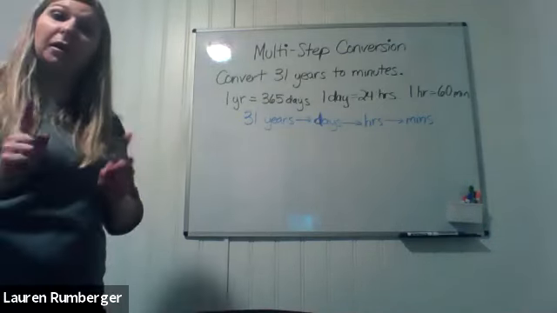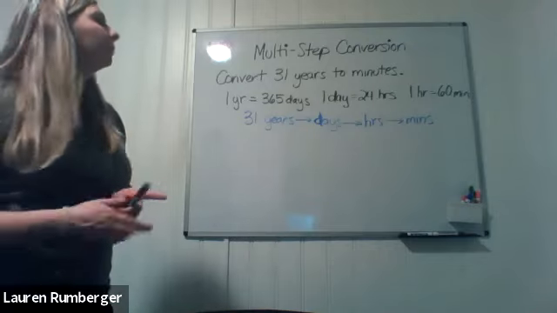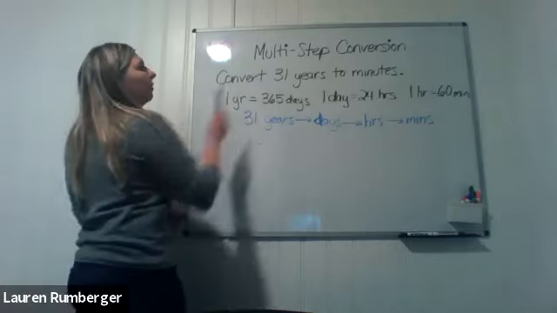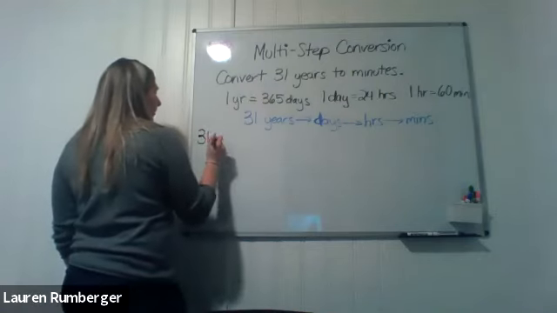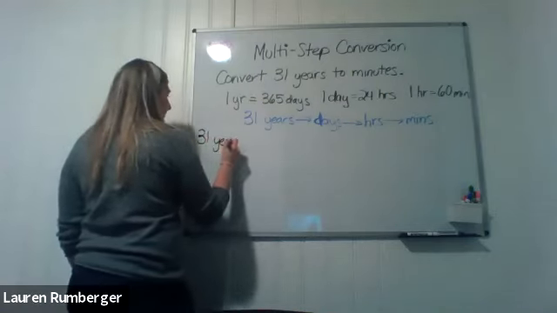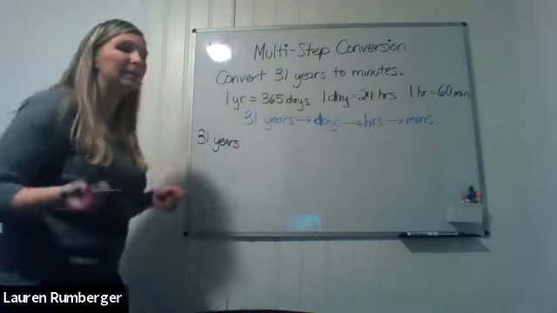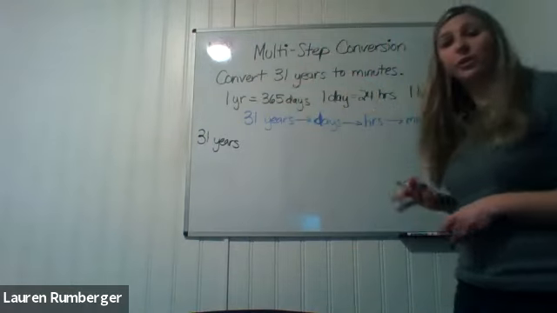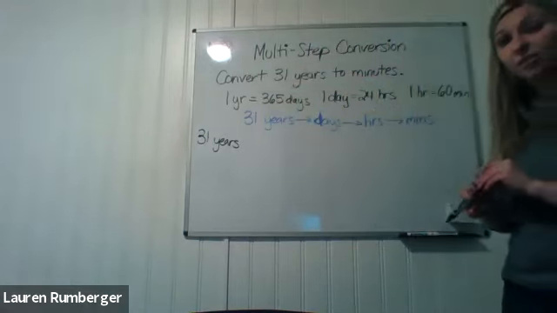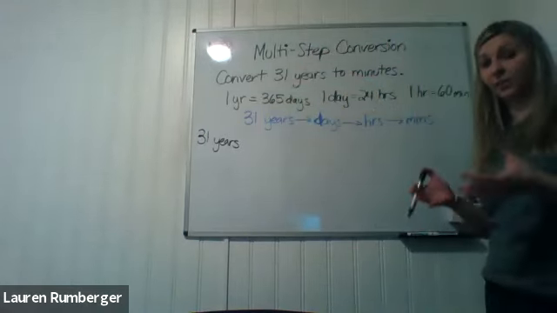So let's begin. We always begin with our given value. Our given value, 31 years. It becomes a lot to write the conversion factors for every single equivalence that you're using. So what you're going to do is just let the units be your guide.